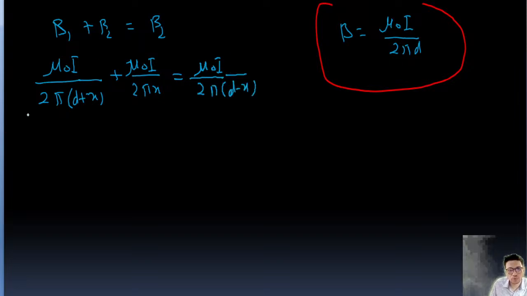Mu 0 and 2 pi get cancelled, so 1 upon (d plus x) plus 1 upon x equals 1 upon (d minus x).